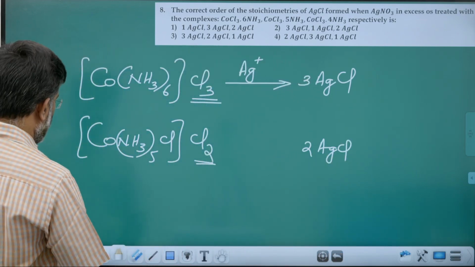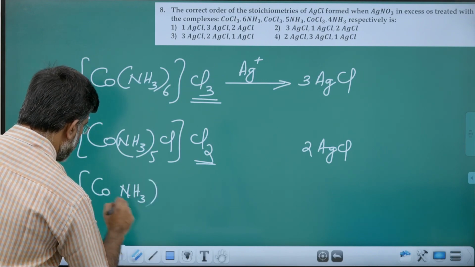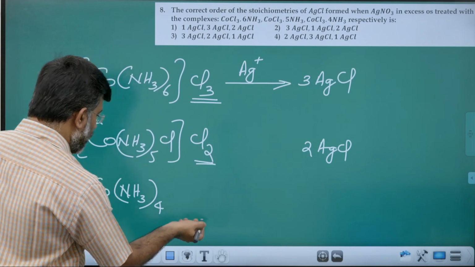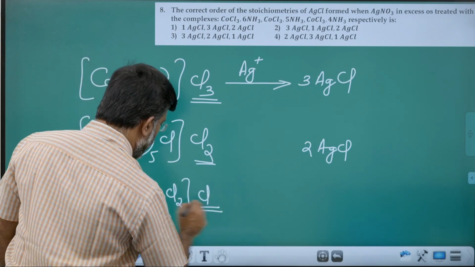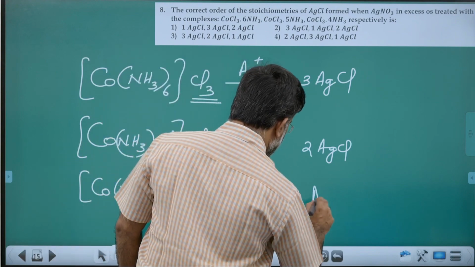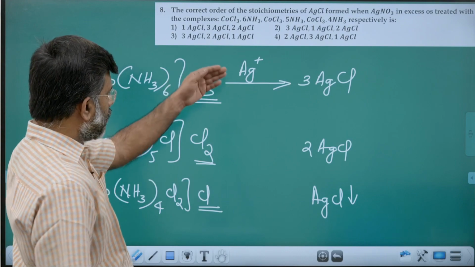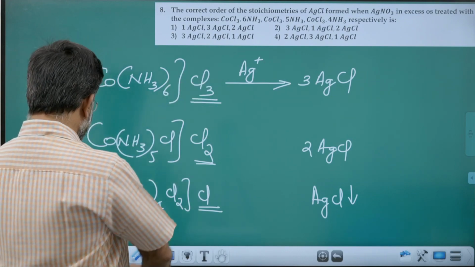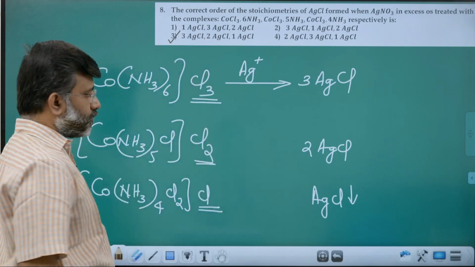What about the third one? It is Co(NH3)4. Now 2 chlorines will come inside. There will be only 1 ionizable chlorine. You will get only 1 mole of AgCl precipitate. So it is 3, 2, 1 respectively. Answer is option 3.